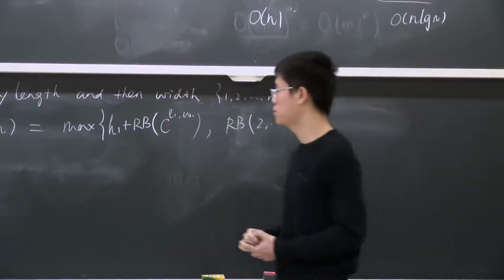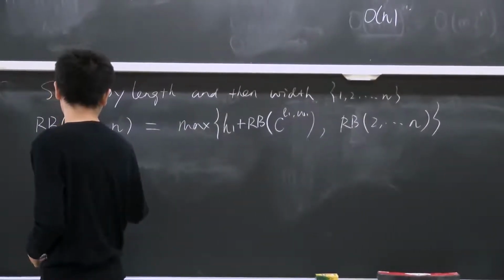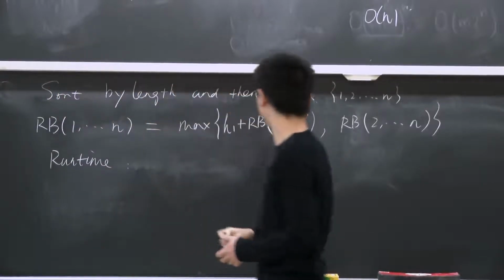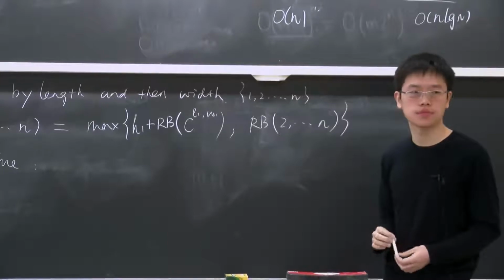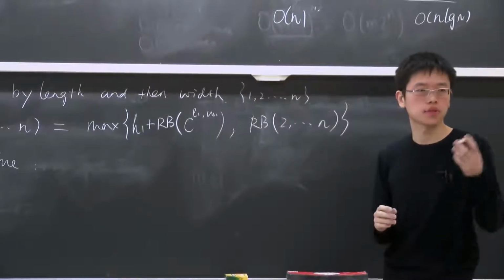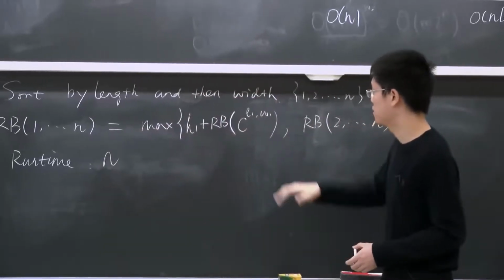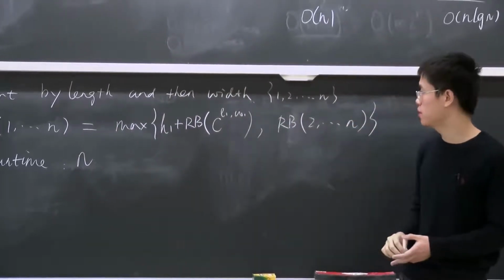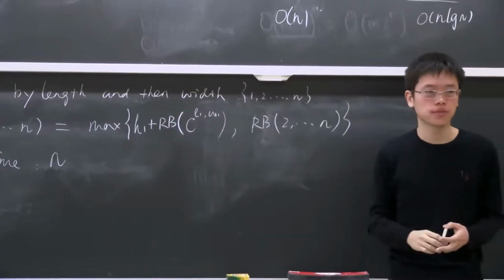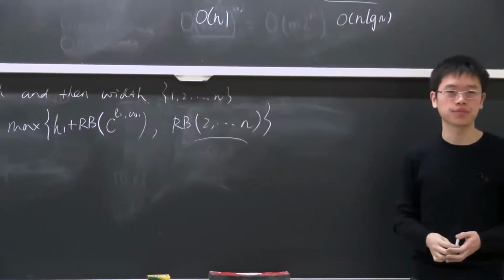So how many subproblems do I have? Still n. So there are all of these compatible sets of L1, W1, L2, W2. But it looks like I do have some new subproblems.